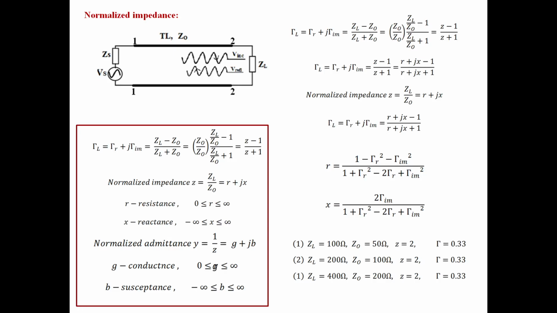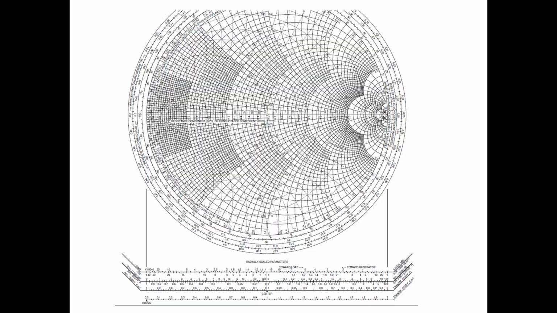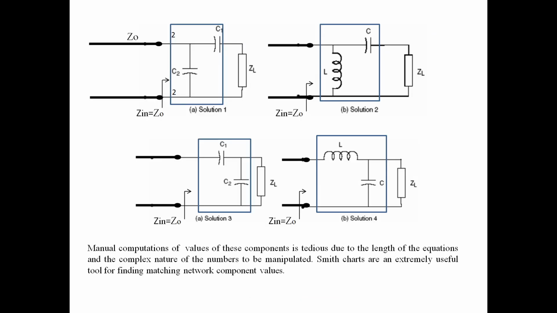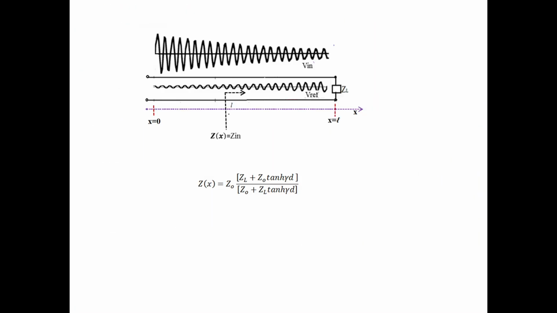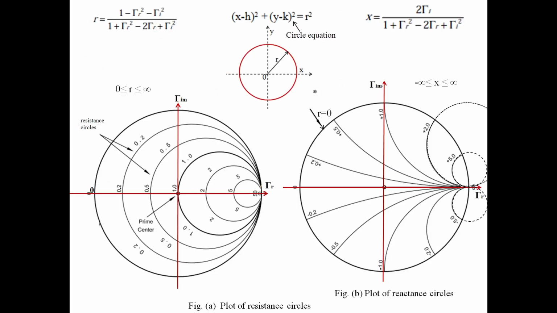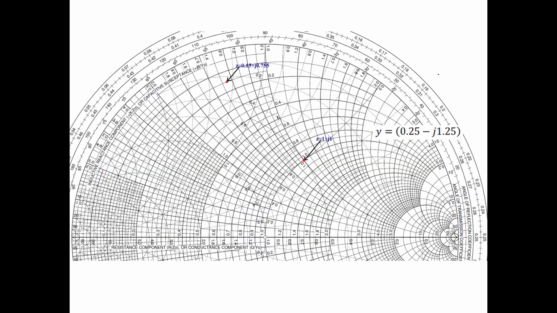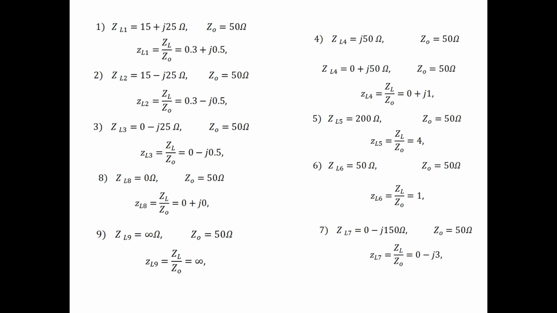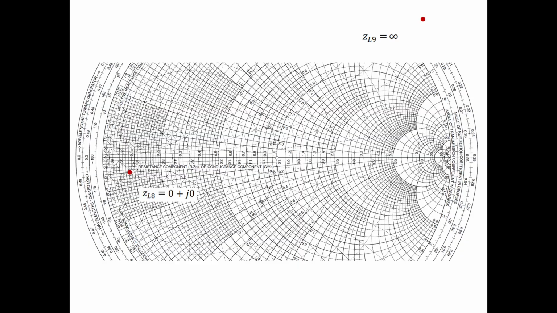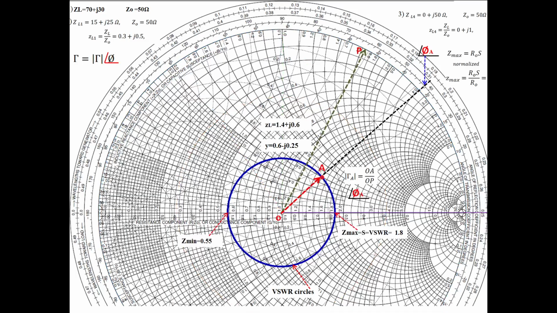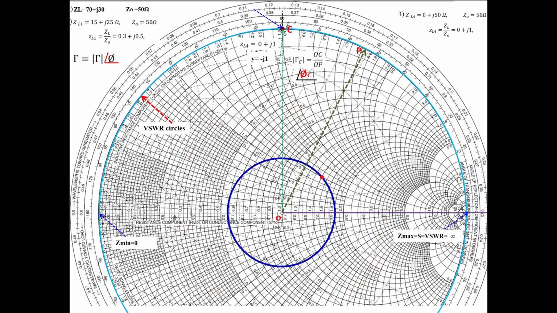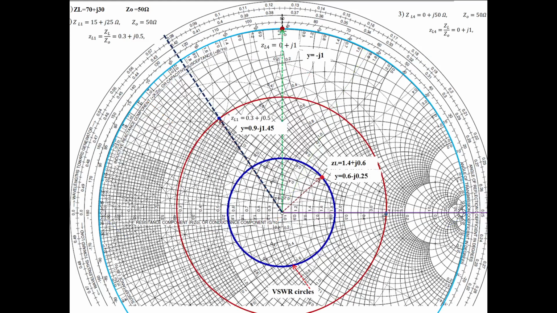VSWR is 1 plus the magnitude of tau divided by 1 minus the magnitude of tau. I think I have not written it in this slide.